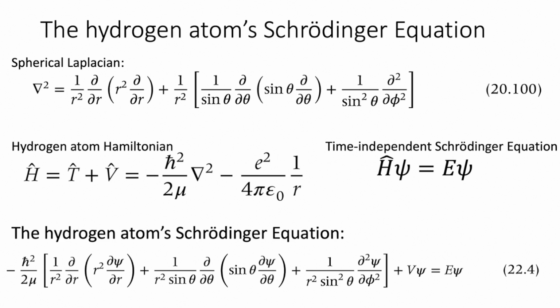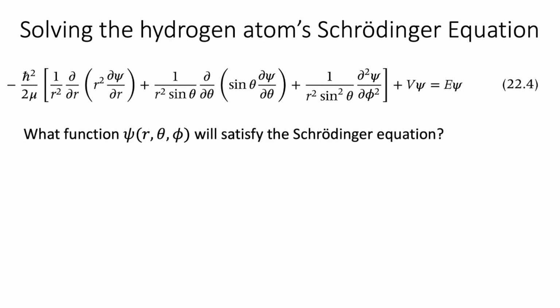So that triangle squared right there is the Laplacian. Just imagine substituting all the stuff at the top, defined as the spherical Laplacian, into that symbol. That becomes the Hamiltonian for the Schrödinger equation, and you put them all together and you get equation 22.4 at the bottom, which is the hydrogen atom's Schrödinger equation.